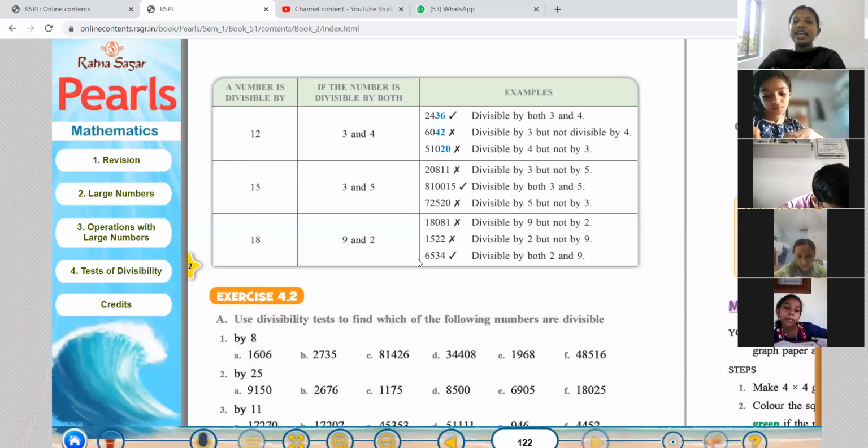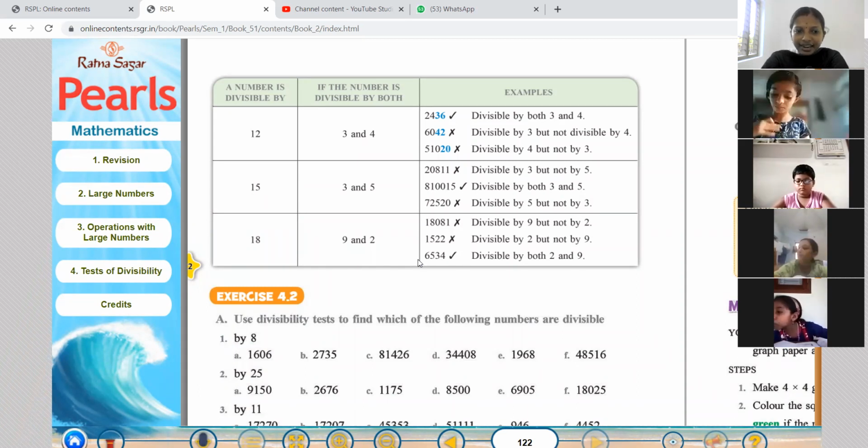Okay, how will you say a number is divisible by 18? If it is divisible by both 9 and 2, then we can say that it is divisible by 18. Then, what about the divisibility of 9 and 2? How will you say a number is divisible by 2?